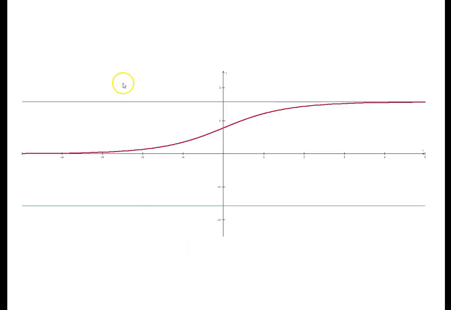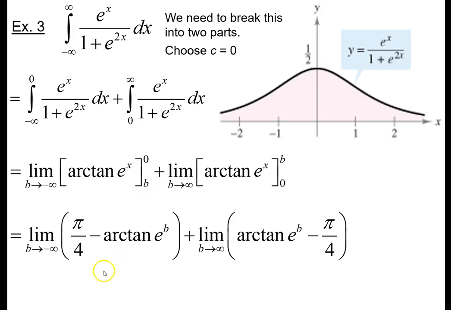This is the arctangent function. So here's what I want you to think about, okay? Let's go back. We know this antiderivative, we want the limit as b approaches negative infinity. So as b approaches negative infinity, e to the b does what? So think about smaller and smaller values as b goes out to negative infinity.